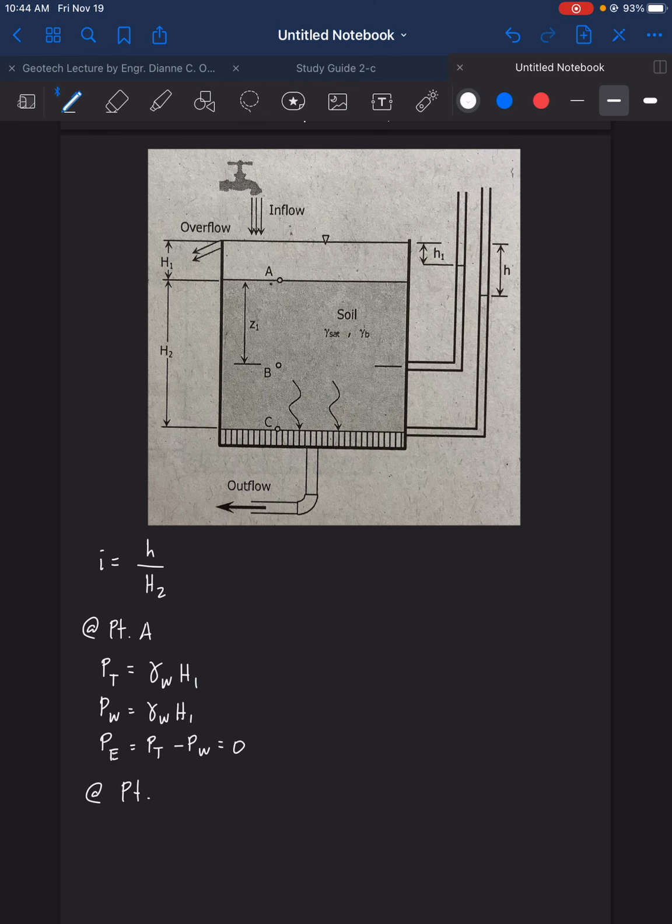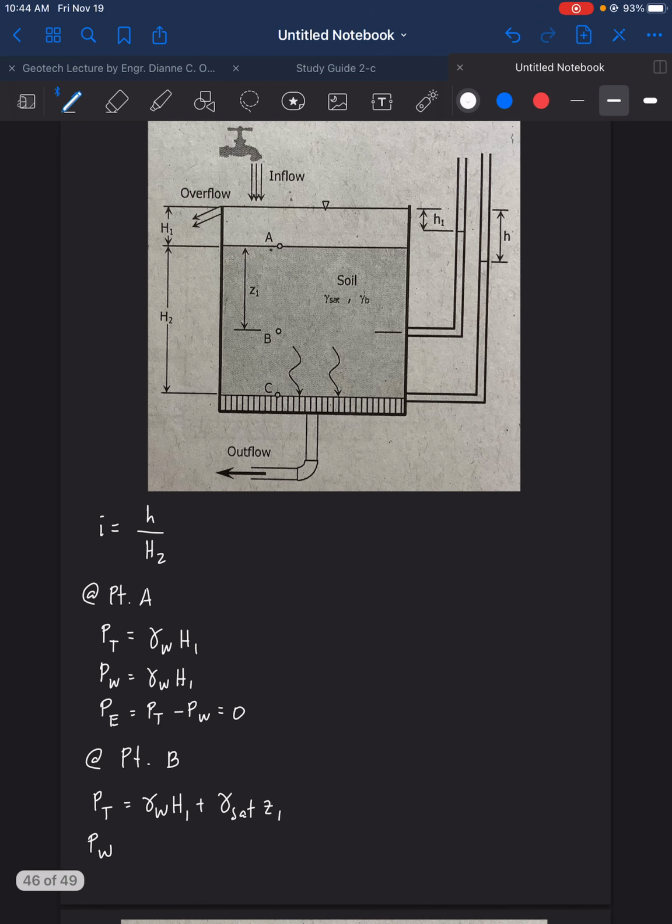At point B, again, we have P total equal to gamma of water, H1 plus the gamma sat of the soil, and then Z1, the location from the top of the soil up to the point B. Then PW is concentrated in this tube here.